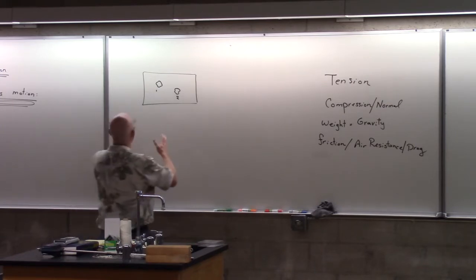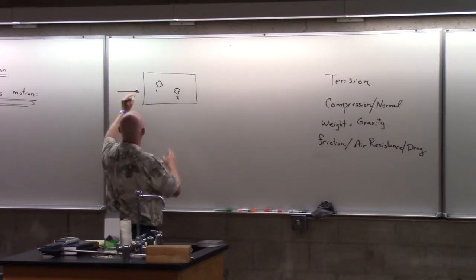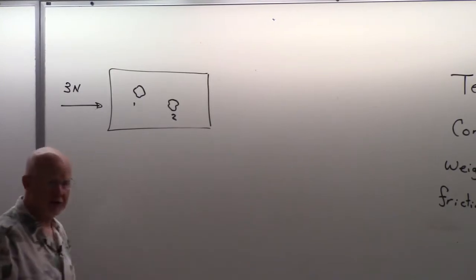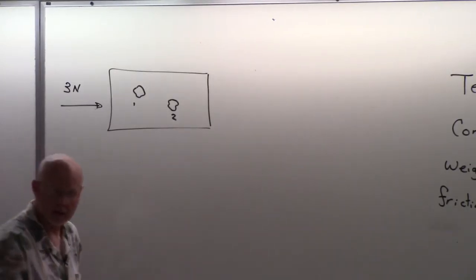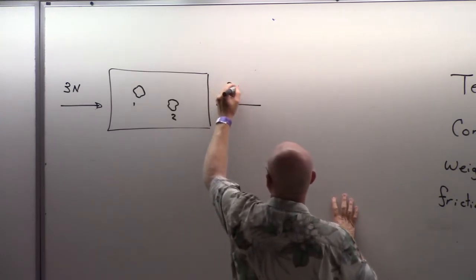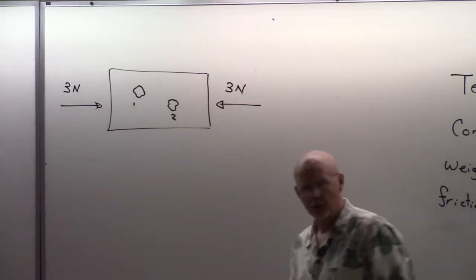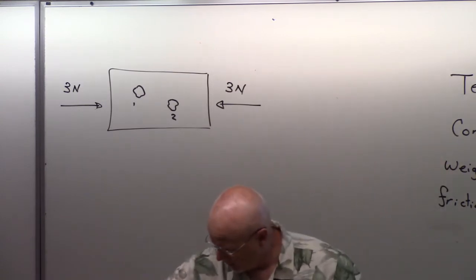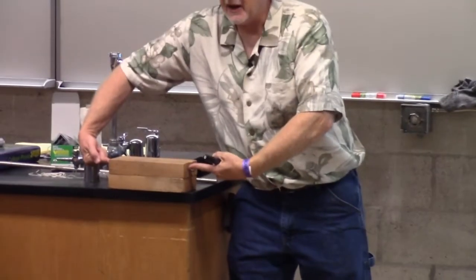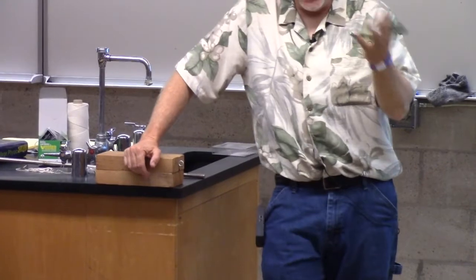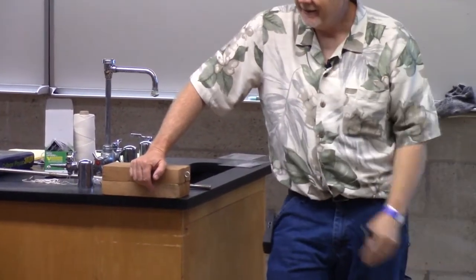In other words, what if I were to take this object and push it with a force of 3 newtons to the right, but somebody else pushes it with a force of 3 newtons to the left? All right. So what do you think if somebody pushes with 3 this way and somebody goes 3 that way? Doesn't that seem like it would be the equivalent of nobody pushing it? Right?